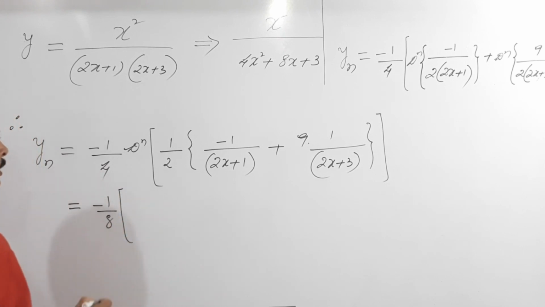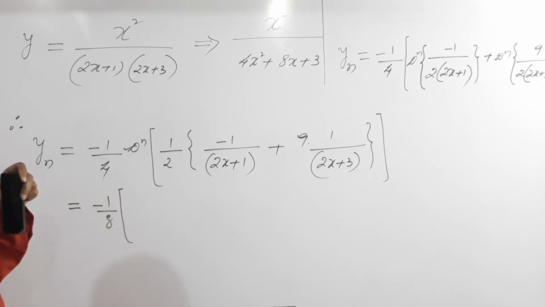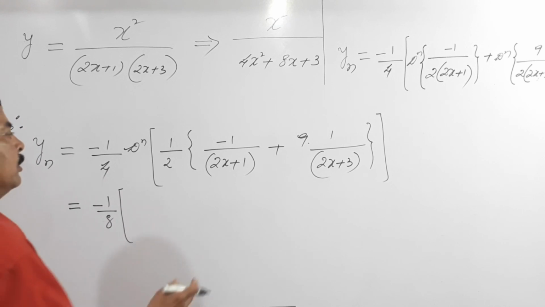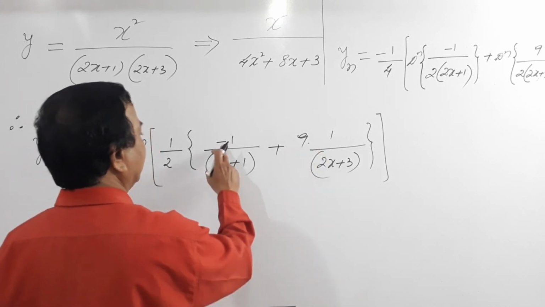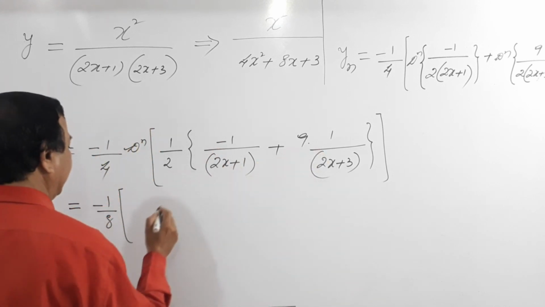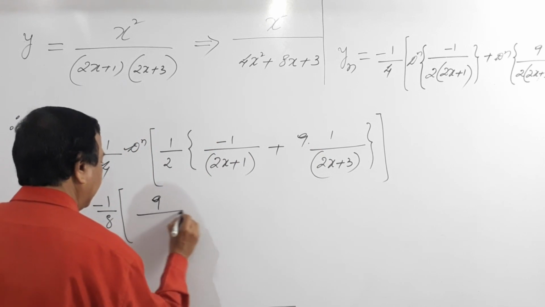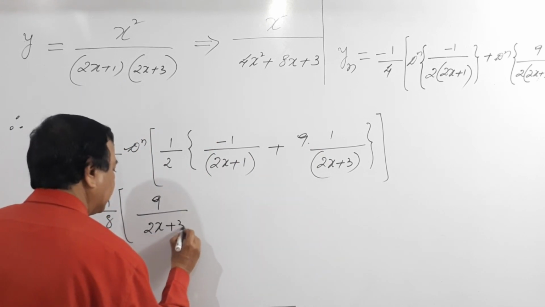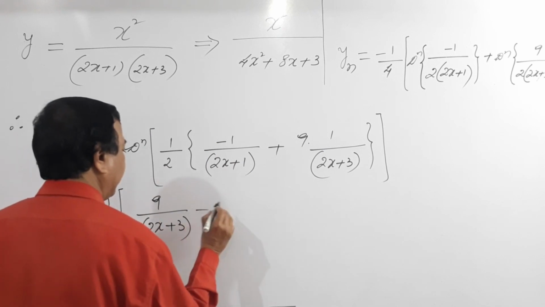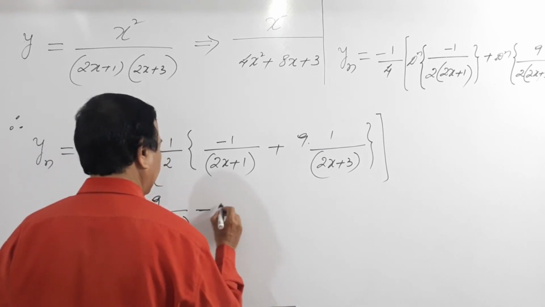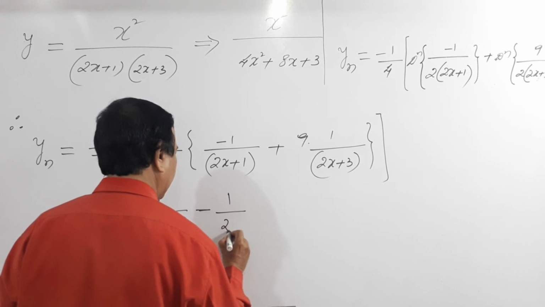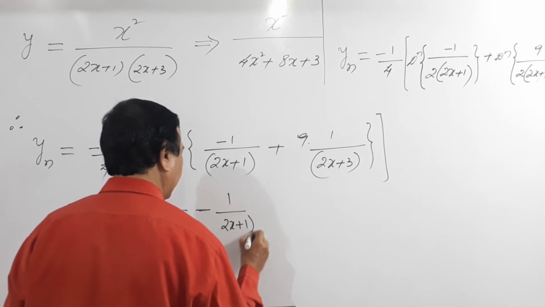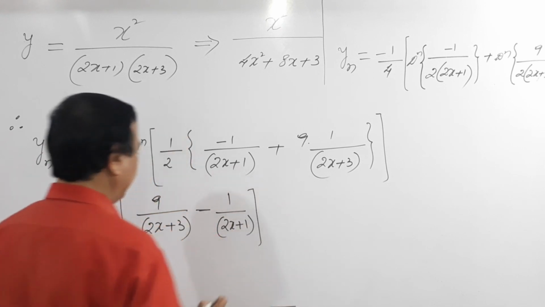So now let's differentiate. So what happens here? I'll take this first since I want to avoid this minus sign, I'll take 9 by 2x plus 3 minus 1 by 2x plus 1. Can I write like this?